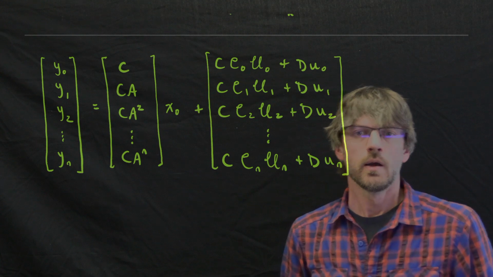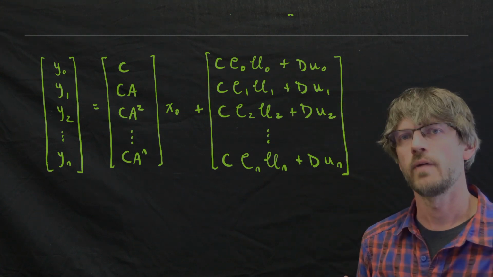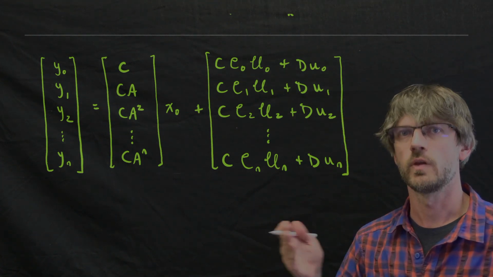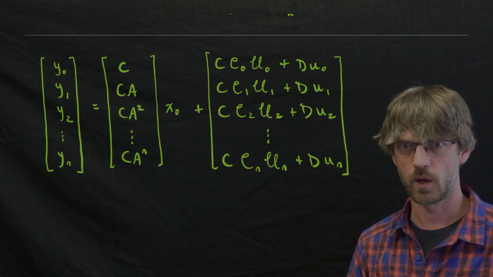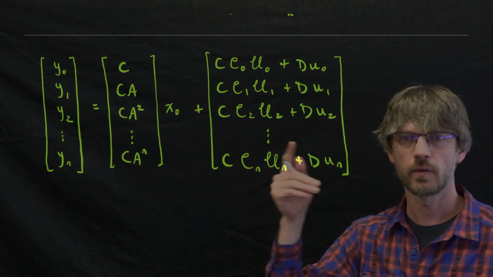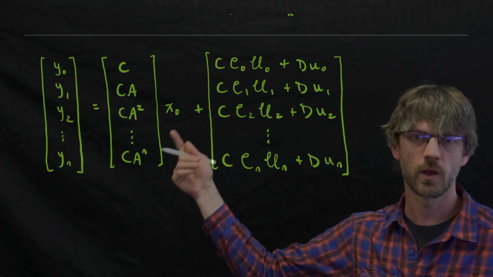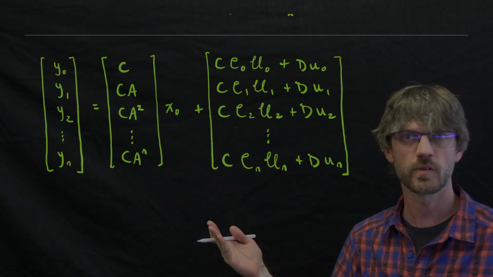Okay. Now remember, we're assuming that we have access to the measurements, in addition to the control inputs, in addition to a system model. That means that the only thing in this whole equation that we don't explicitly know is x0. So we should be able to solve for it.